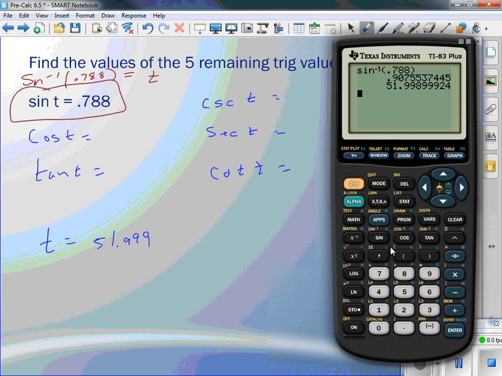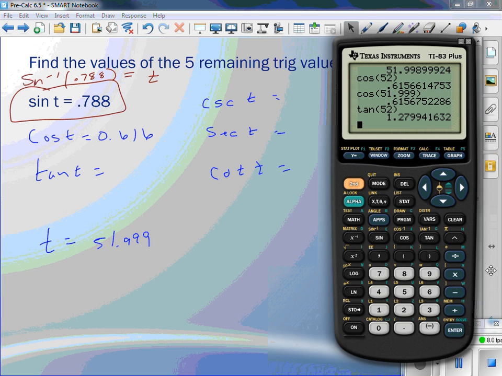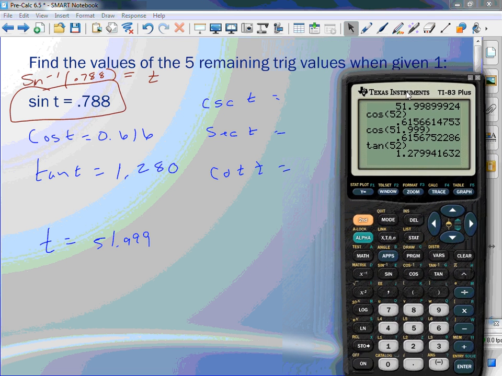So I'm going to find the cosine of, let's just use 52. This is 0.616. Just to show you, see how it's not going to really make a difference here? Since all of yours were in degrees, I changed mine to degrees. Tangent of 52 is 1.28. How do I find cosecant? What's the fast way to do it?